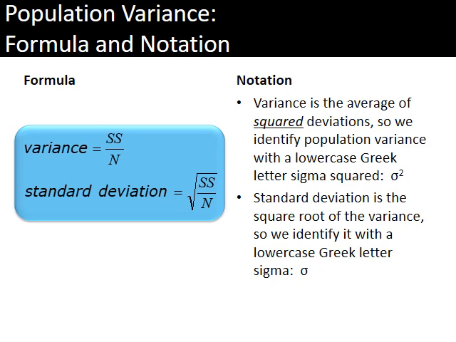Variance is the average of squared deviations. In regards to notation, we identify population variance with a lowercase Greek letter, sigma squared, so that funny-looking o with the hair laid to the side is sigma, and variance would be sigma squared, whereas standard deviation would be just sigma.